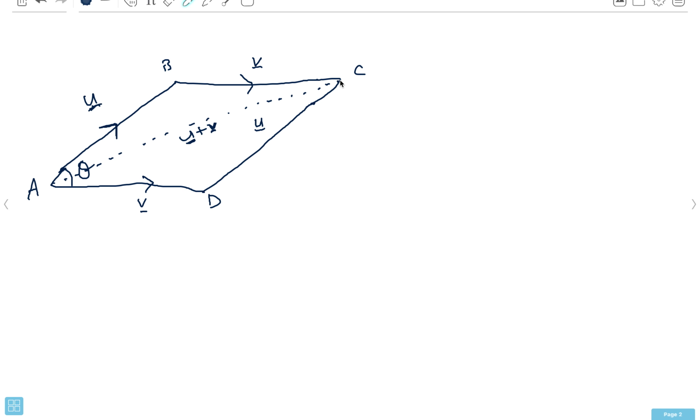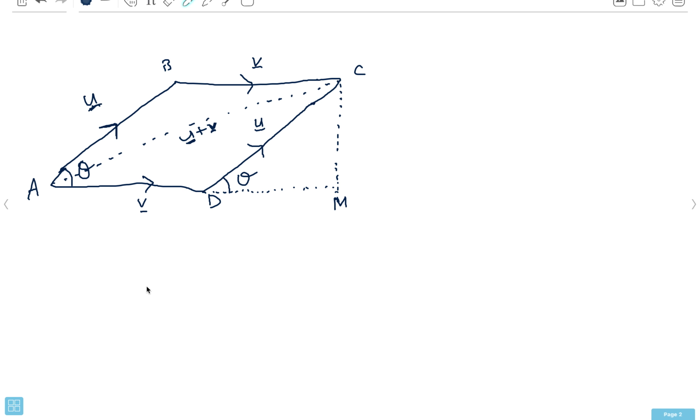So if I draw a line going down and I label this point M, I know that this is theta as well, since these two lines are parallel.